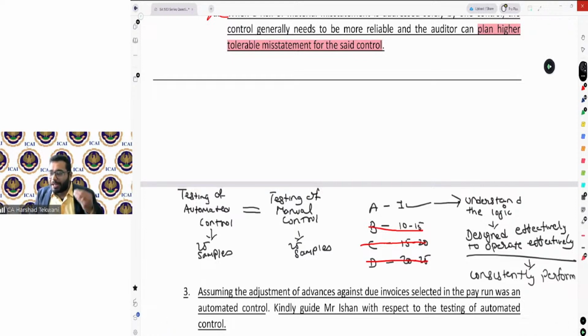It will be performed in the same way it was performed for the one sample. If I'm comfortable with the one sample, it will perform in the same way until the logic is changed. Hence, the consistent performance of this control gives me comfort by testing one sample. Let's see the answer.